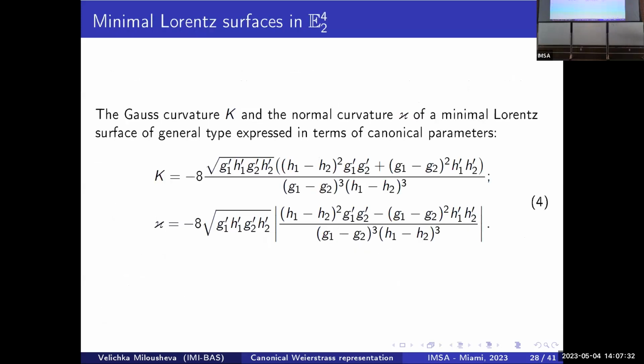So the Gauss curvature K and the normal curvature kappa, in terms of the canonical parameters, are expressed by these formulas denoted by 4 here in terms of 4 real valued functions, G1, G2, H1, and H2. And actually, in such a way, we can solve explicitly the system of partial differential equations, which was our aim.